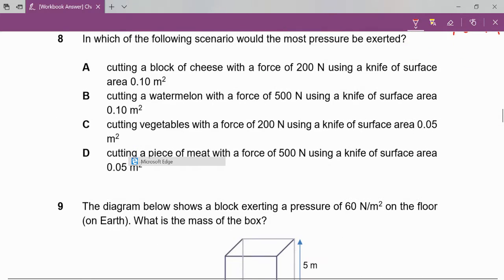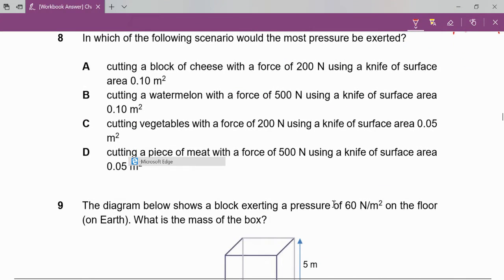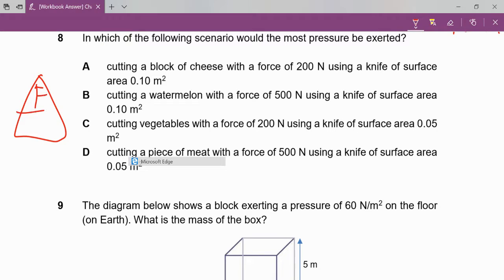Which of the following scenarios would the most pressure be exerted? So I'll need you to calculate using this formula. Okay, calculate by yourself. You will realize that the scenario which has the most pressure being exerted would be D. Okay, so I'll just do one sample for you.